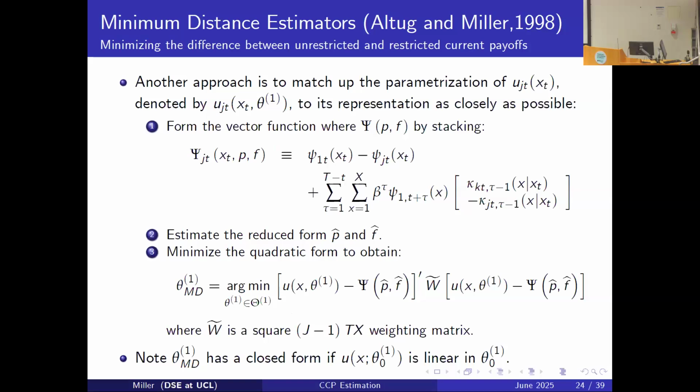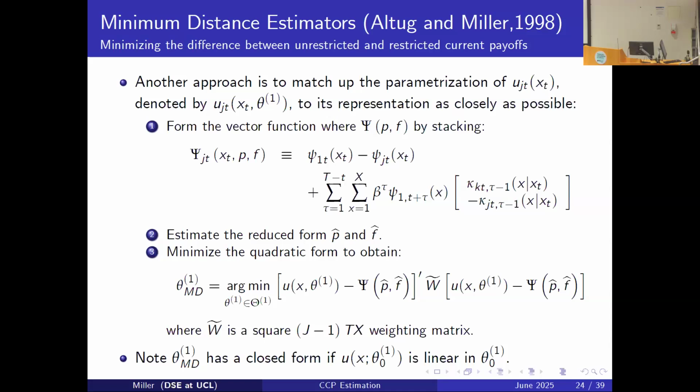Another way of going is to say, okay, why don't we look at this vector function just by stacking the difference between the different correction factors associated with the choice J. That would be another way of going about it.